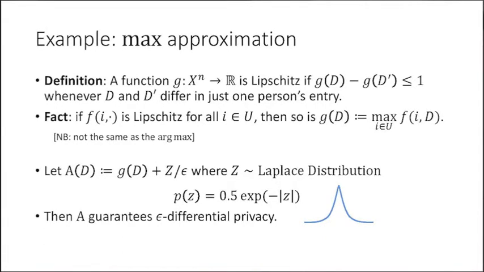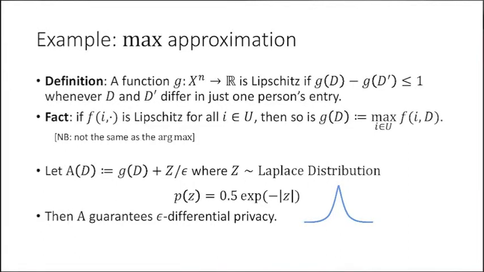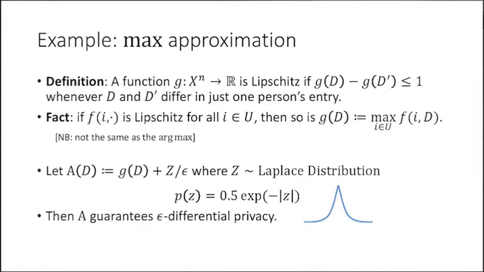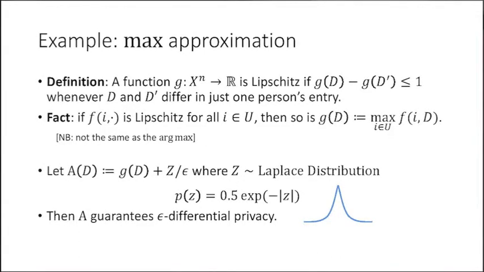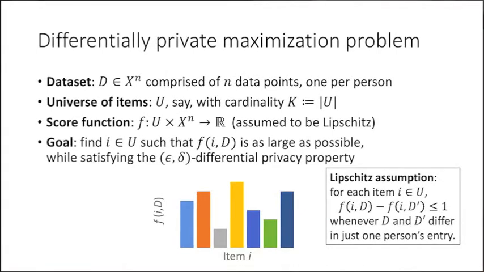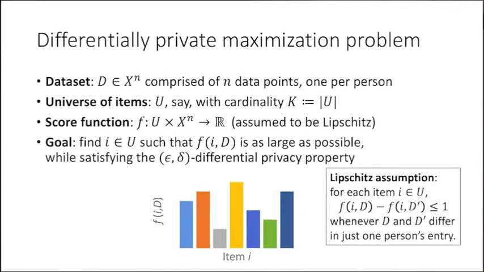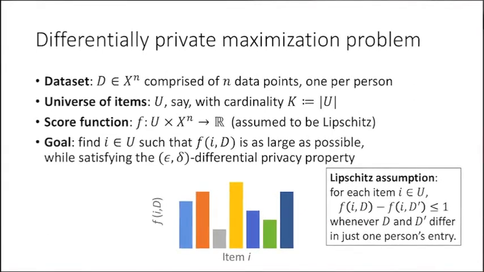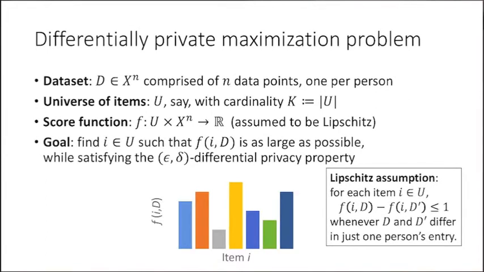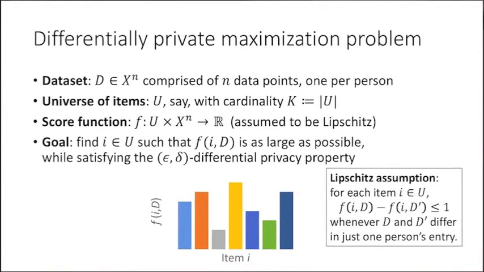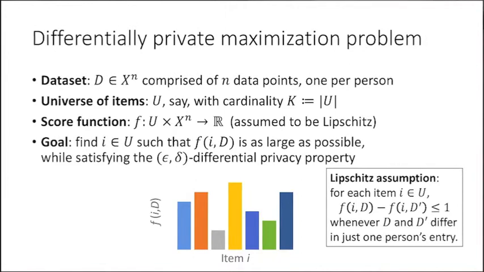Note this is very different from what we're trying to do. This is just releasing the max rather than the argmax. You would like to release some actual item that is close to the maximizer. Okay, but here's the actual problem that we care about. Again, you have some data set of individual data points, and there's some item of some universe of items, u, and a score function that we'll assume is Lipschitz.